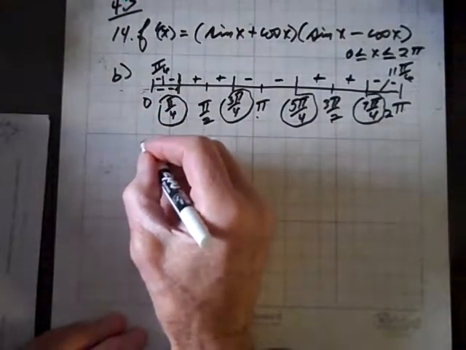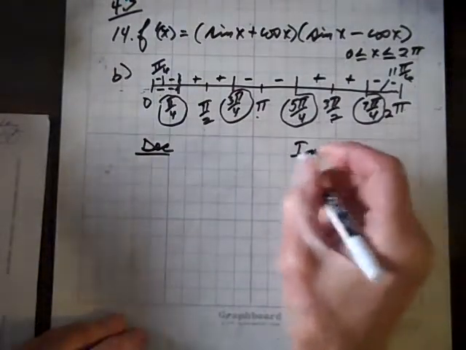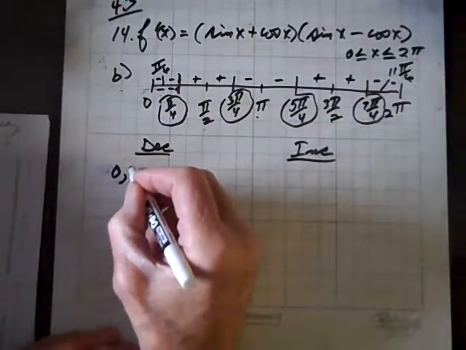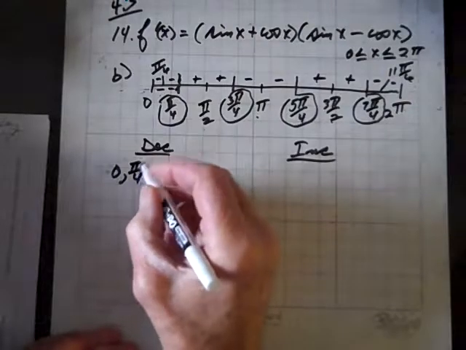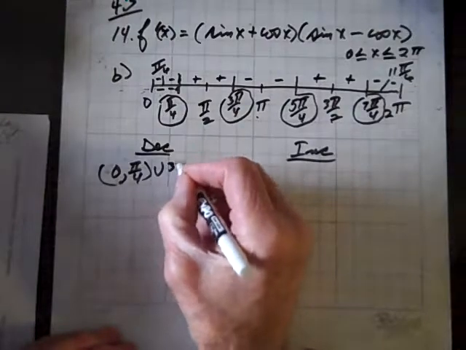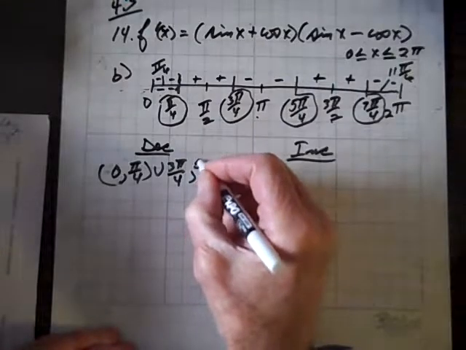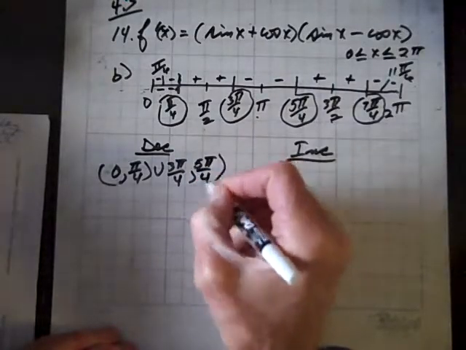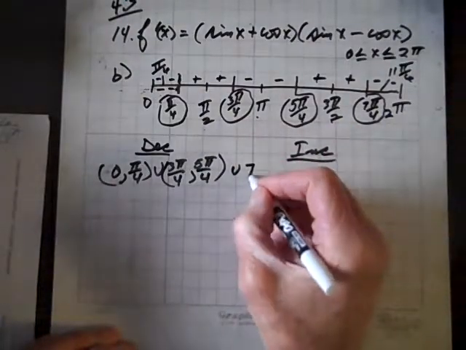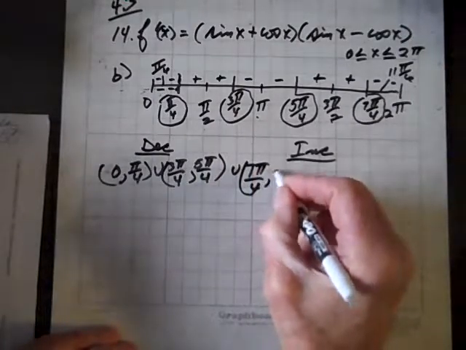So it's decreasing on the negatives, so that's going to be 0 to pi over 4, union with 3 pi over 4 to 5 pi over 4, union with, and finally 7 pi over 4 to 2 pi.